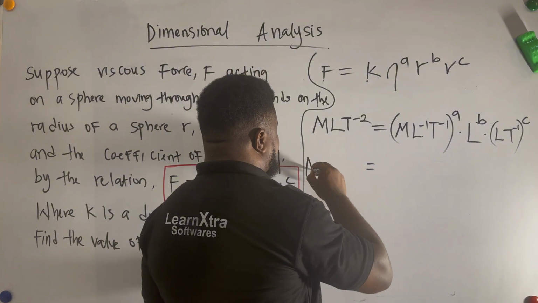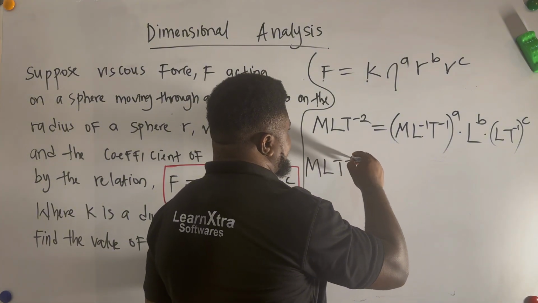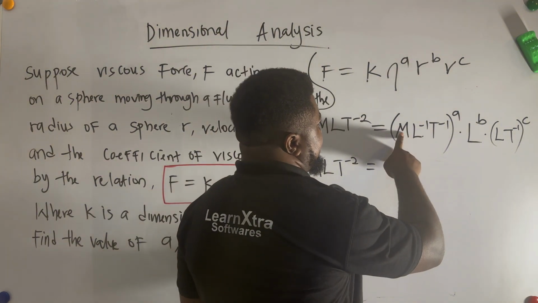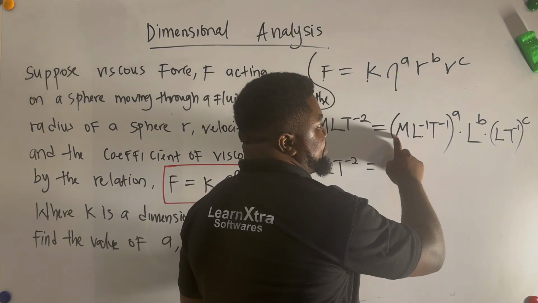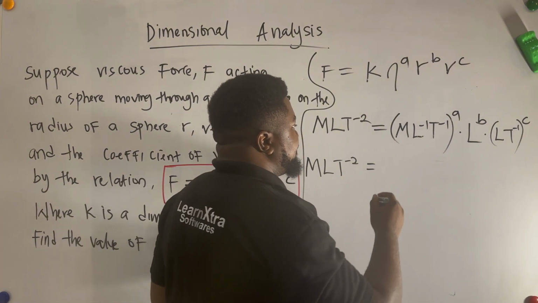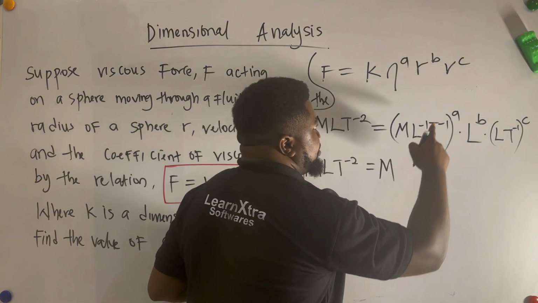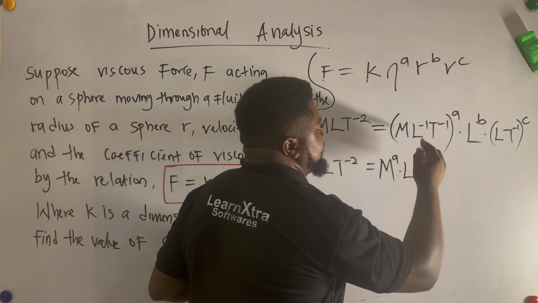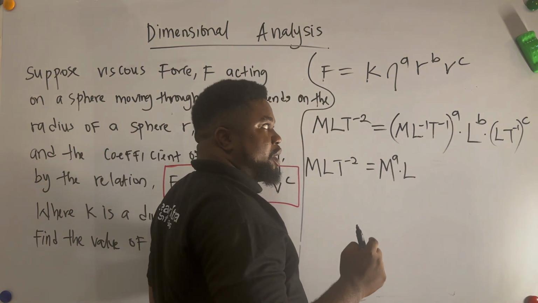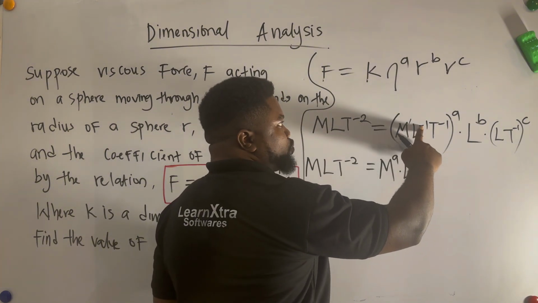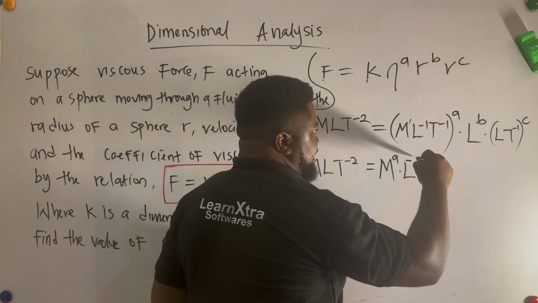So MLT minus 2 will be equal to M, all of them here will take a share of the exponent A, and that will be M power A, L minus 1. No, we use the power to multiply. Here is 1, I hope you know. I will have A here. Minus 1 times A, minus A.